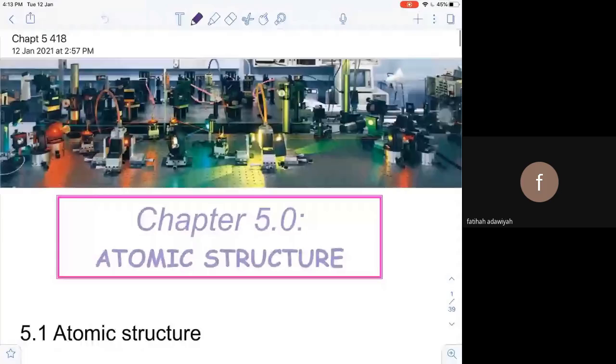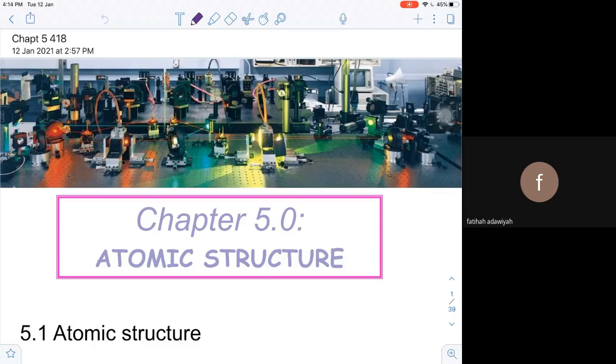Okay, let's move to chapter 5. I want you to look at your textbook, chapter 5, atomic structure. What page? Page berapa? Can someone share with us what page we should refer to? Kasdina, what page?